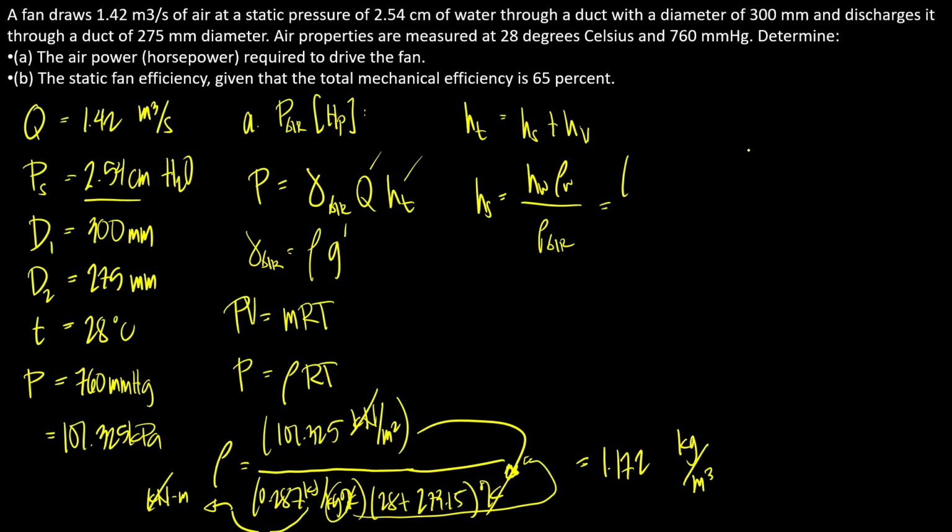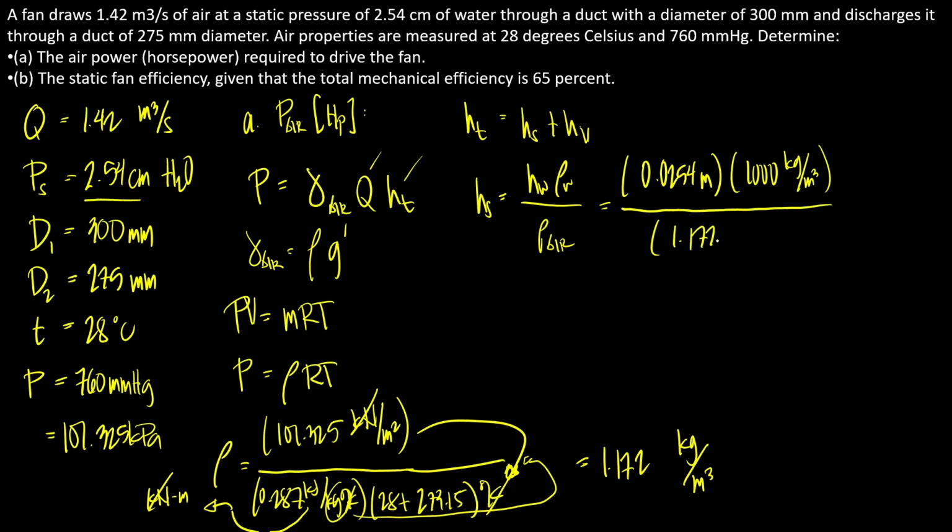So 2.54 cm is 0.0254 meter. Then the density of water is 1000 kilogram per meter cube, and the density of air is 1.172 kilogram per meter cube.